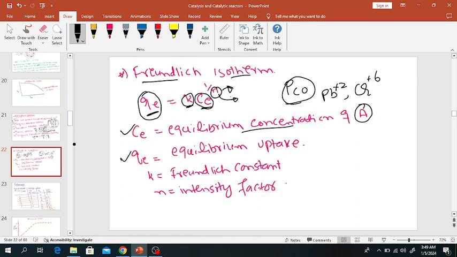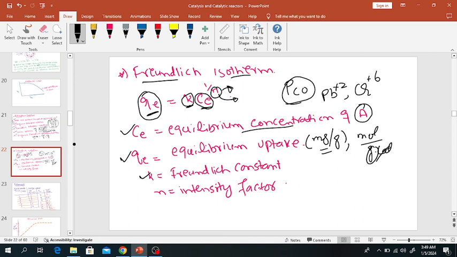This is the equilibrium uptake. Again, its unit can be milligram per gram for the liquid case, for ions, and for the gaseous case, it can be mole of gas per gram catalyst or per gram adsorbent.